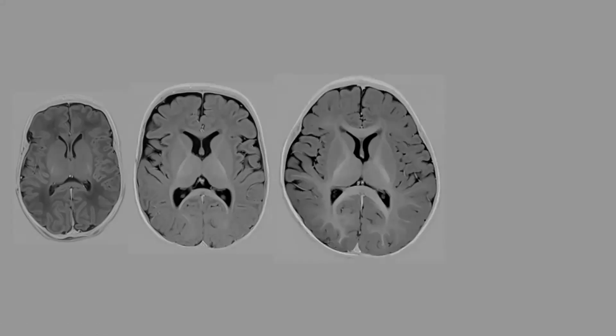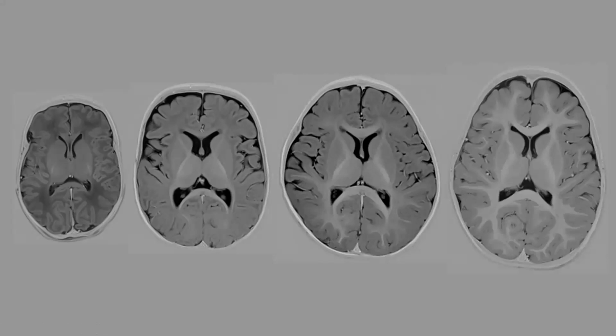Now, over the course of about 2 years, this brain will myelinate, and as a consequence, the signal intensity of the white matter will change, and it will gradually become more and more hyperintense on T1 weighted images over the course of 1 to 2 years.